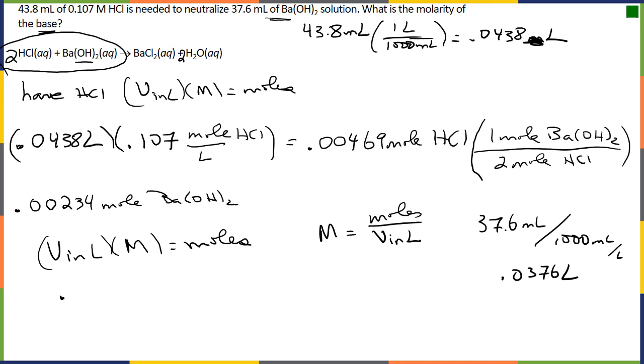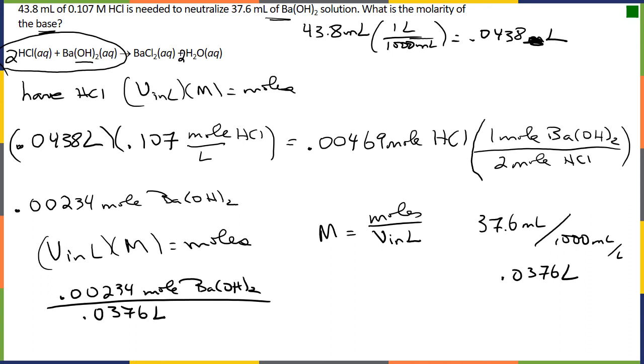So 0.00234 mole of barium hydroxide divided by 0.0376 liters. Again, molarity is moles per liter. It's going to give us the molarity of this solution, and that's going to be 0.0623 molar barium hydroxide.